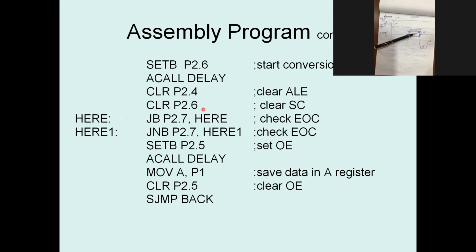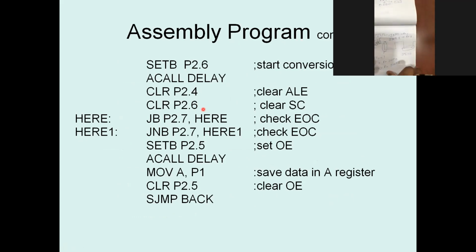Next, the EOC signal. First we are checking how long it stays high using JB P2.7. It keeps going on and on.